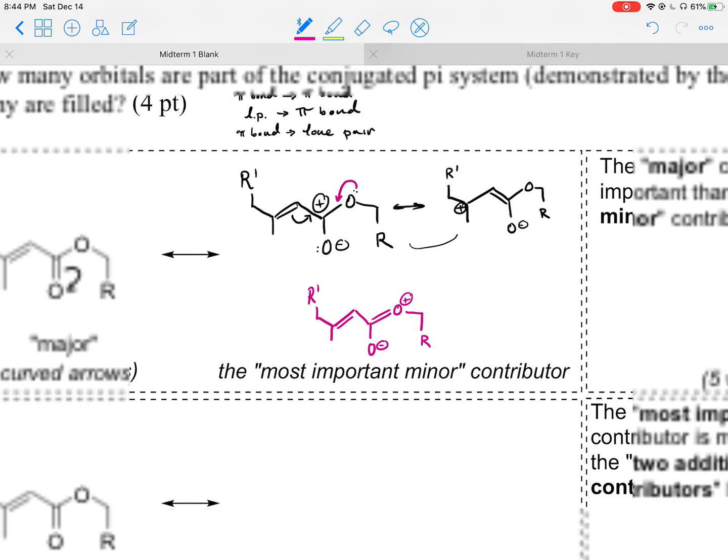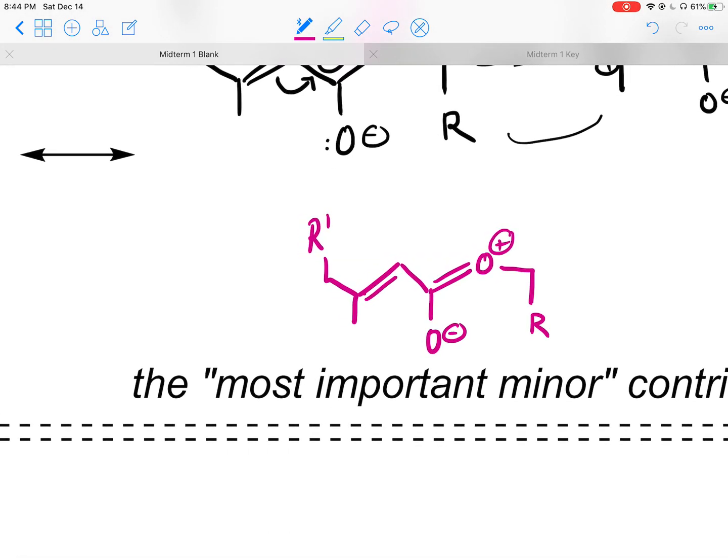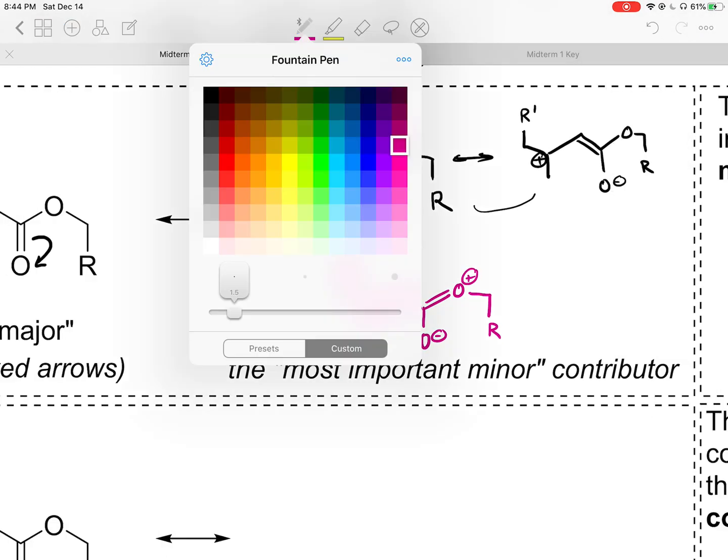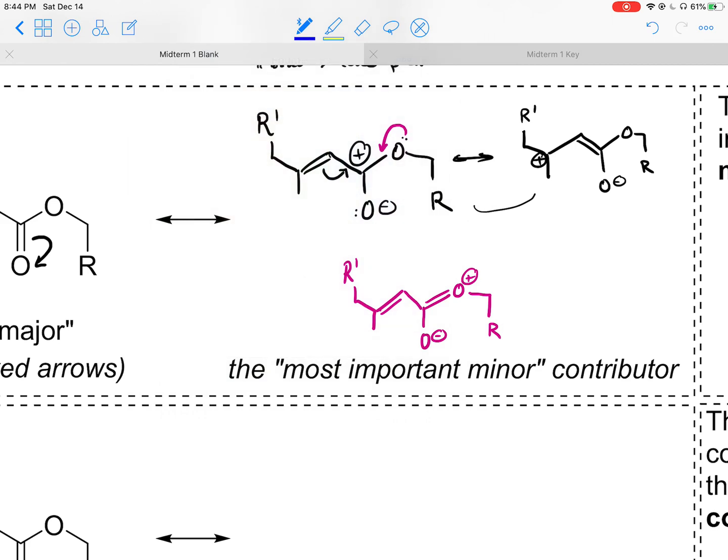Okay, so let's see. There's other like really, really minor resonance where you could move the pi bond onto the carbon, or you could move it onto this carbon, so then they'd have like a negative charge on the carbon. That's not like particularly great.